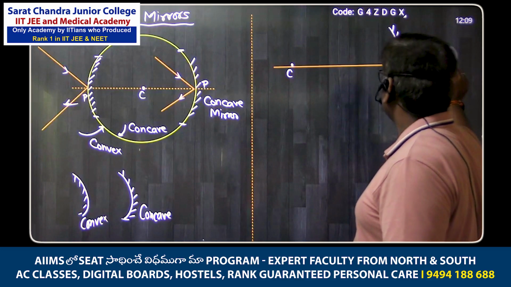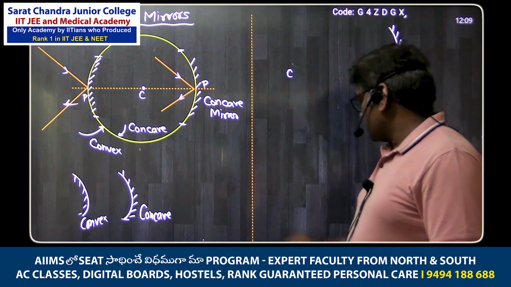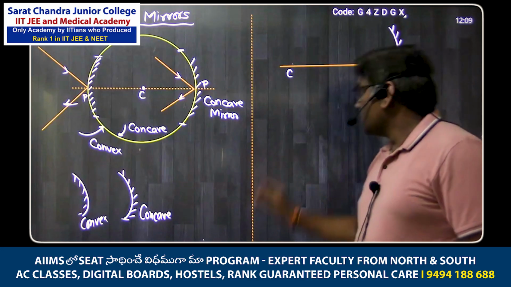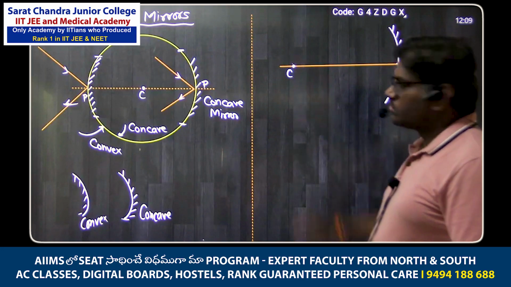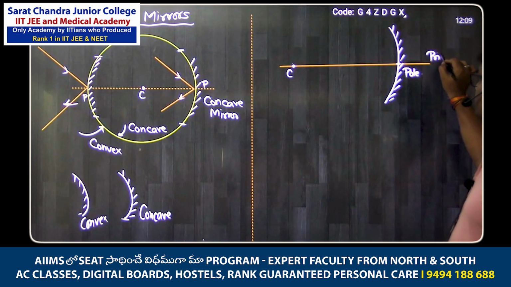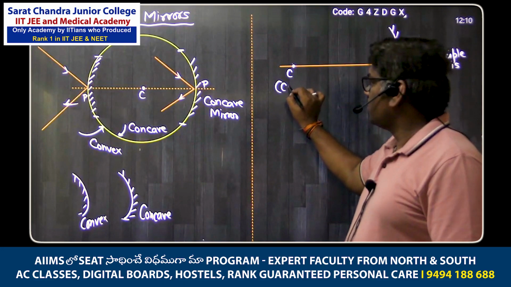It is called the principal axis. The center joined to the pole is the principal axis. So you have the pole and the principal axis. This center is also called the center of curvature.